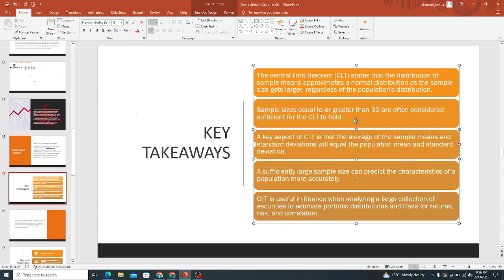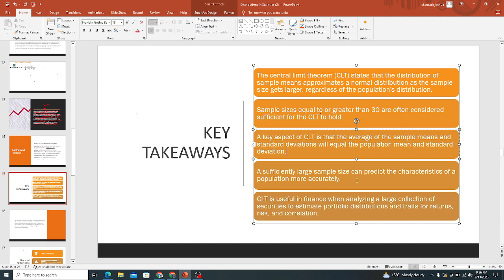But if we do like 900, we'll get more information compared to when we interview only 100 people. So basically that's what the central limit theorem tries to state. For us to get good characteristics of a population, we need to use a large sample size.